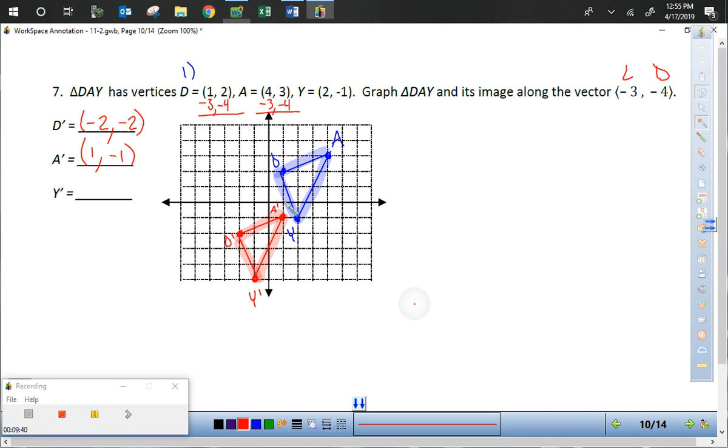Checking that on the graph, right 1, down 1, looks good. Finally, -3 minus 4 again. 2 minus 3 is -1. Negative 1 minus 4 is negative 5. So left 1, down 5, our Y prime is where it needs to be.